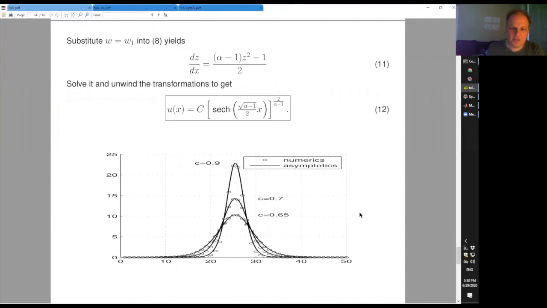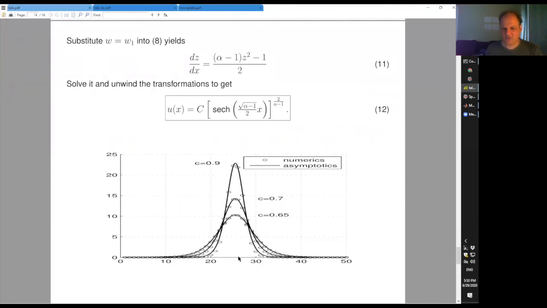Okay, and so this is the final result, which compares the ODE simulations versus this profile derived analytically, where alpha is some parameter that depends on all of the other parameters, for different values of C. And you can see that the agreement is really good, especially when the bump is not too sharp.